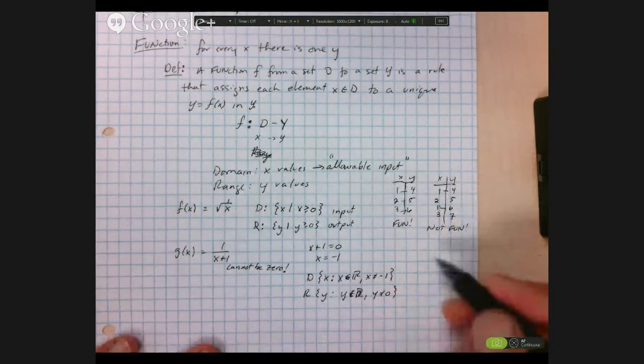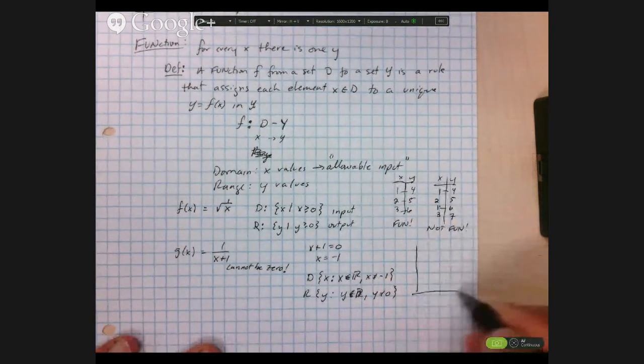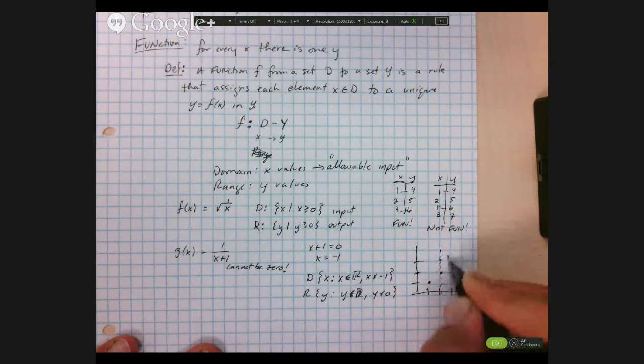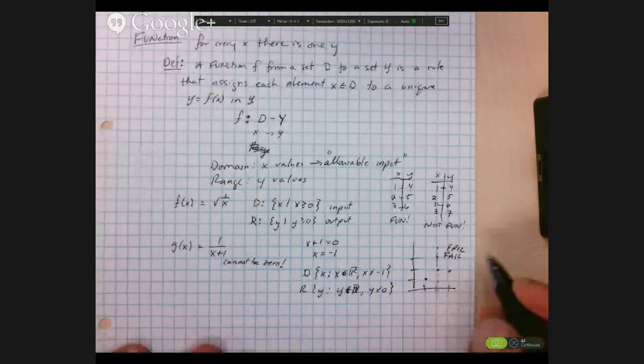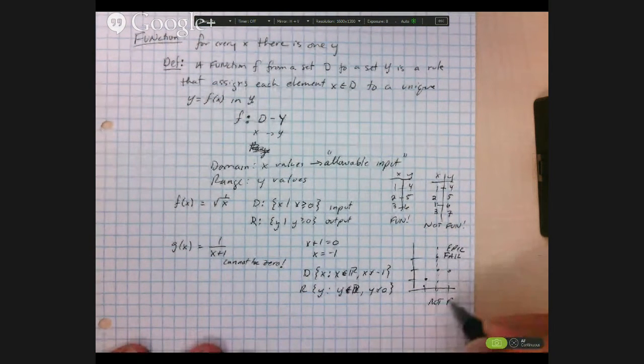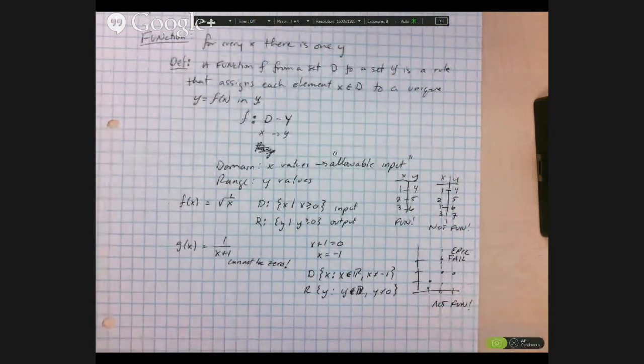We can also pass or fail the vertical line test. This one fails.